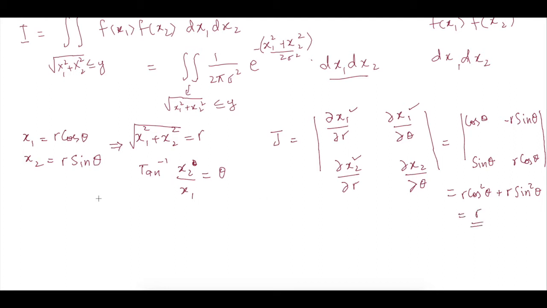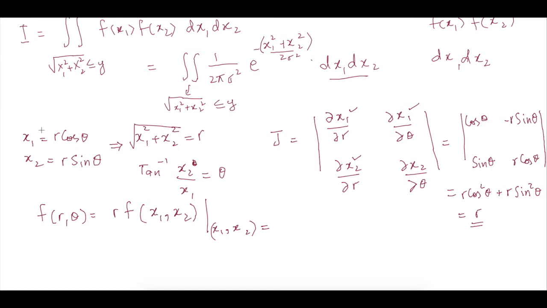Okay, so then we know that this r theta is equal to r times f of x1 x2, where x1 x2 are equal to whatever the function was.